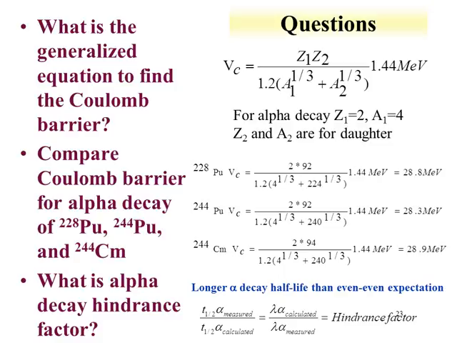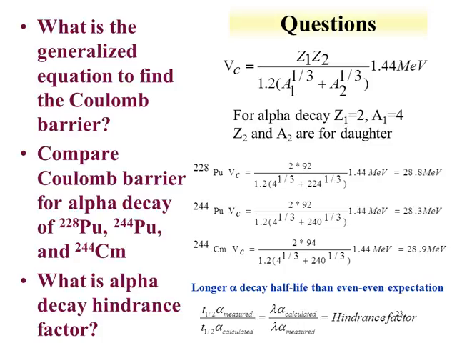So this hindrance factor is the ratio of the measured alpha decay half-life divided by the calculated half-life, which is greater than 1, or the decay constant that's calculated divided by the decay constant that's measured. This is also greater than 1. So you can use either the decay constant or the half-life, but make sure the half-life units or the decay constant units are the same. And you should always remember that the hindrance factor is 1 or greater.